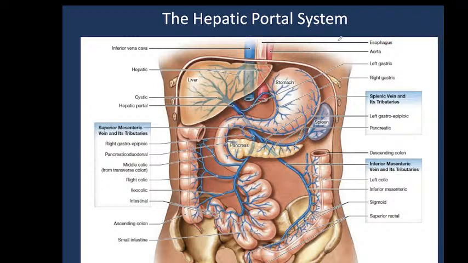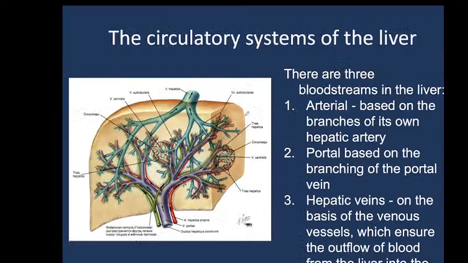And here you see the gastric veins, pyloric veins, superior gastroduodenal veins, cystic veins coming from the gallbladder, and some other small veins taking blood and coming into the portal vein.